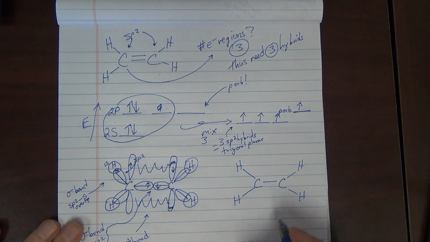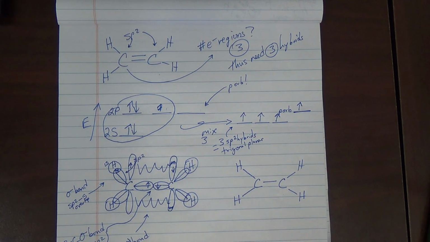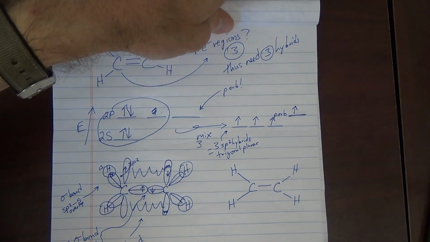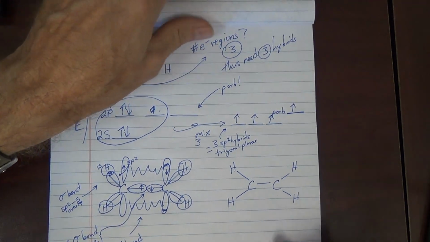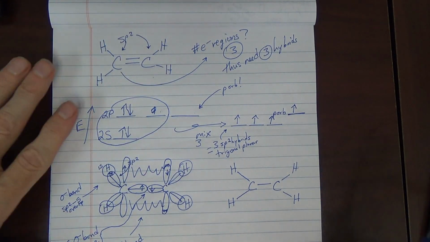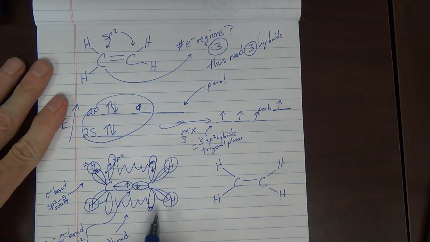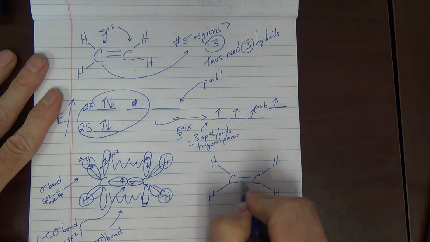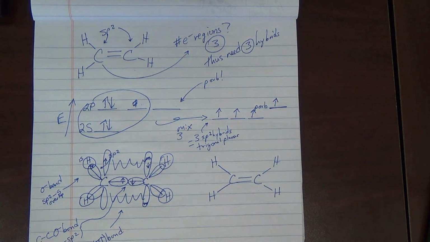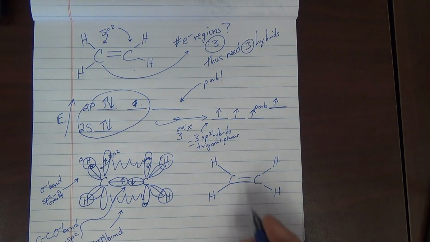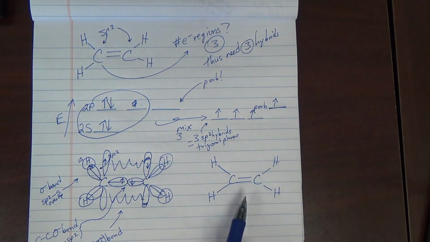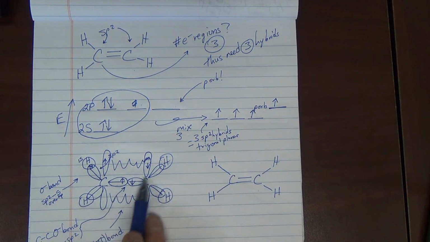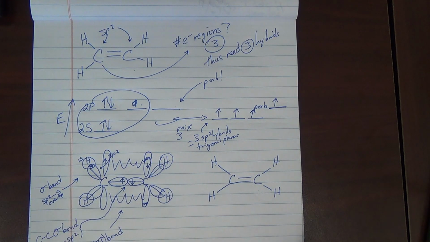If you see a C double bond O, one is sigma and the second bond is a pi. So over here, we just show that second bond as another dash. But you've got to know what all this means.